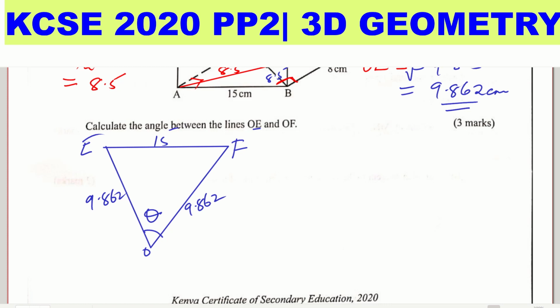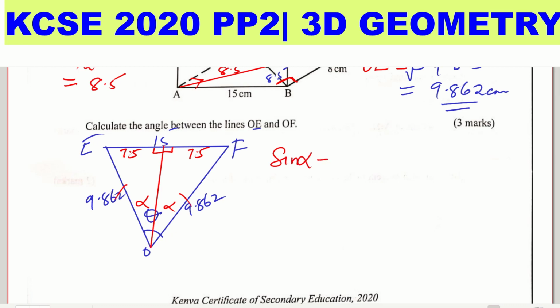You notice that this is an isosceles triangle, and it means that if I draw a perpendicular from there, it is going to divide this angle into two. This will be 90 degrees, and this will be 7.5 and this will be 7.5, because this is an isosceles triangle. So if I manage to get this angle, I simply need to multiply it by 2 because they are equal. Using this triangle, we can get alpha.